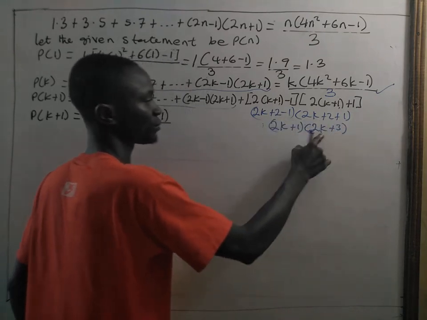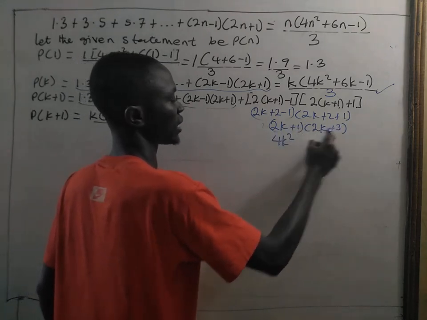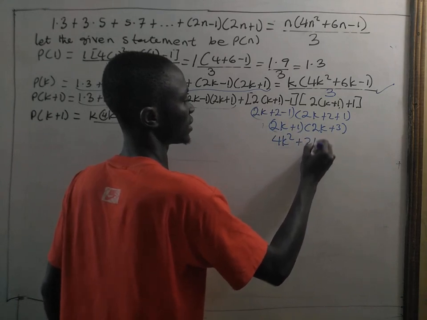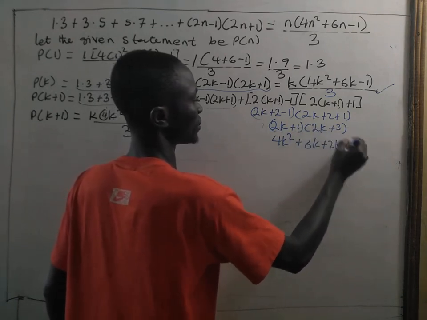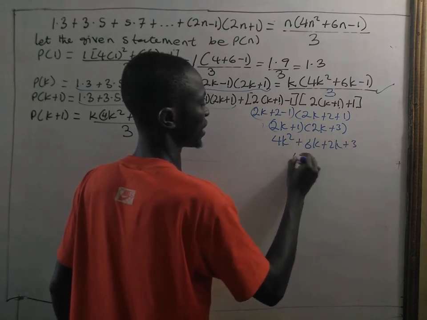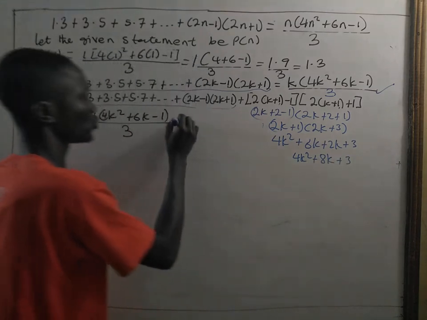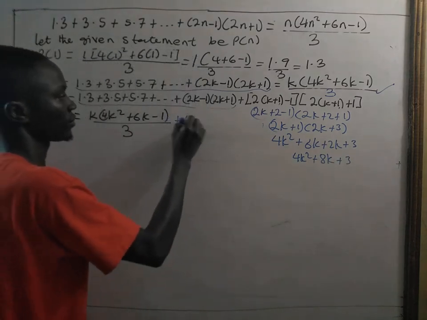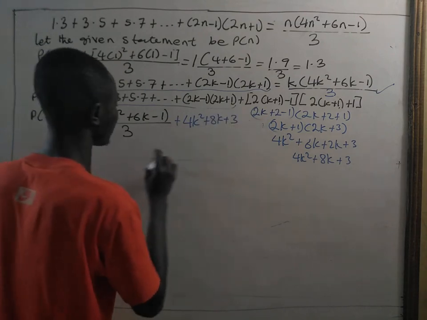So let's expand. 2k times 2k is 4k squared. 2k times 3 is 6k. 1 times 2k is 2k. 1 times 3 is 3. So this gives us 4k squared plus 8k plus 3. So we put that one here: 4k squared plus 8k plus 3.